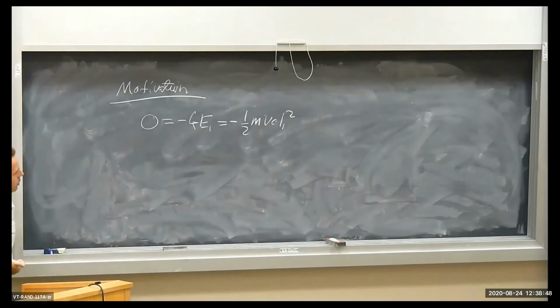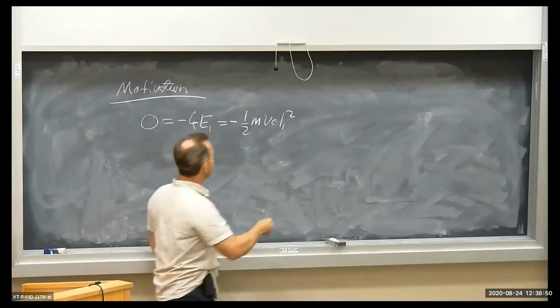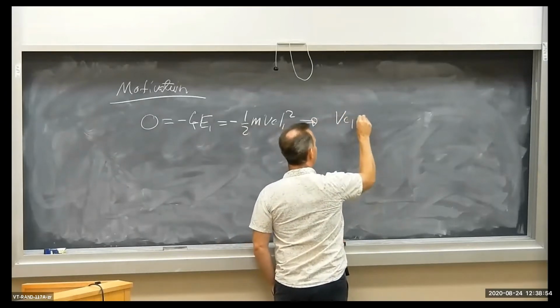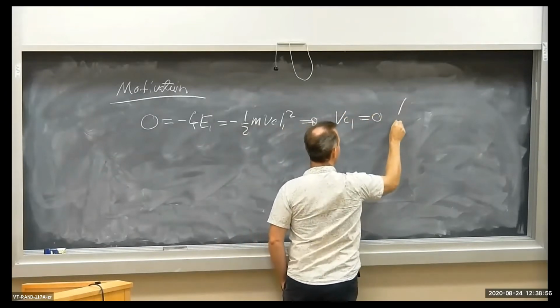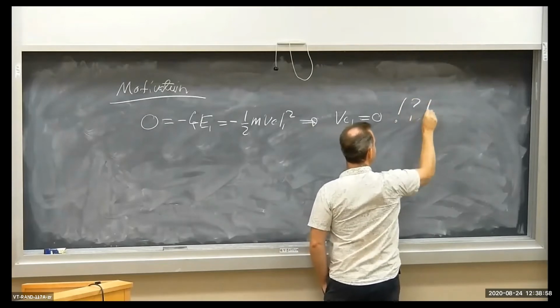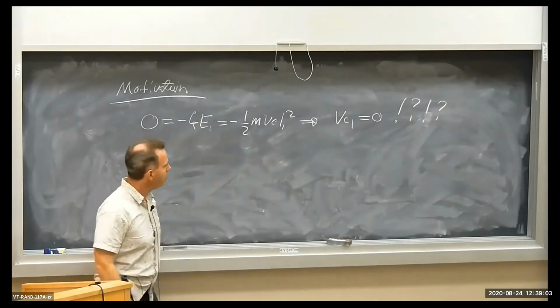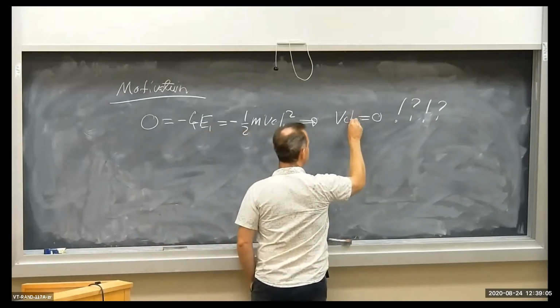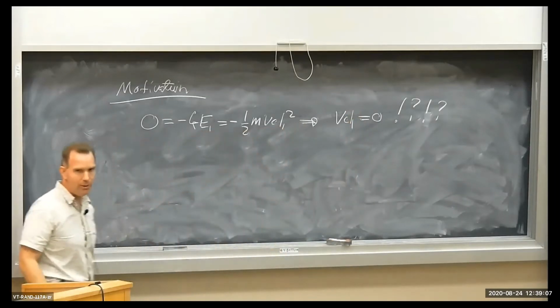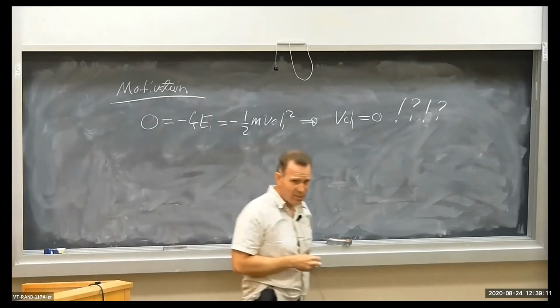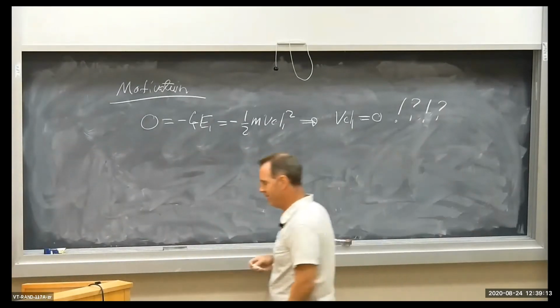The mass isn't 0. So this implies velocity 1 has to equal 0. What? Velocity 1 has to be equal to 0 according to conservation of energy, mechanical energy. That's not right. That's not right.